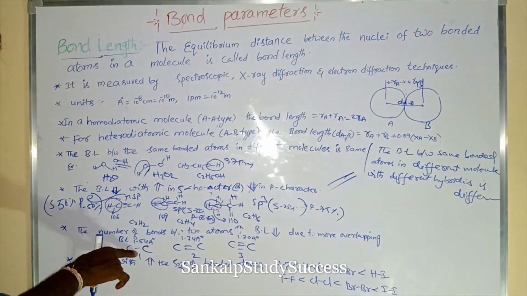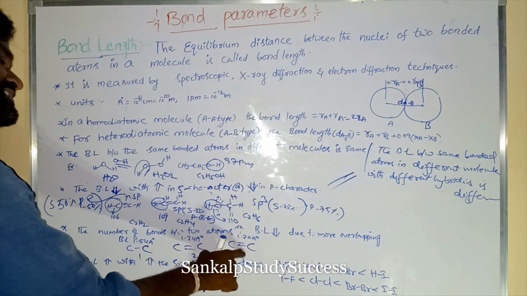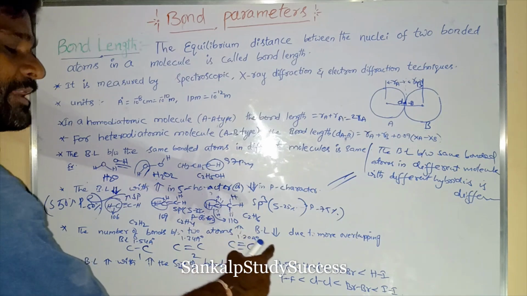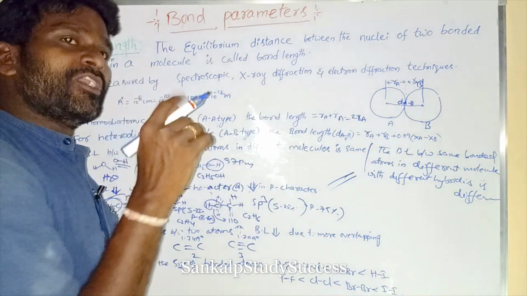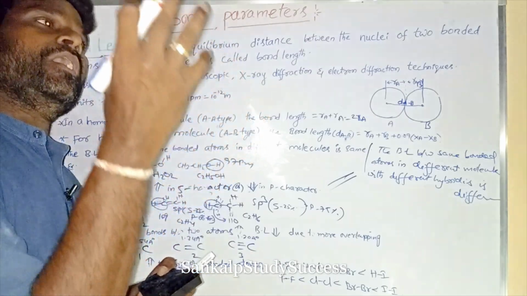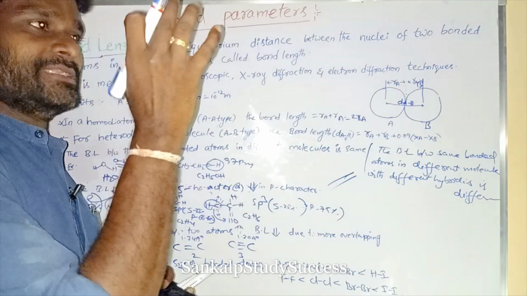Ethane contains only a sigma bond, but the other two contain sigma and pi bonds. Ethene contains one sigma bond and one pi bond. Acetylene contains one sigma bond and two pi bonds. One sigma bond means end-on-end overlapping, and two pi bonds mean sideways overlapping of two orbitals.